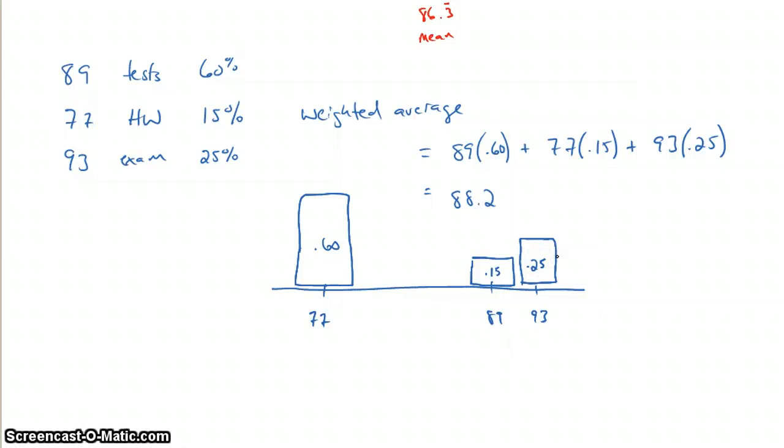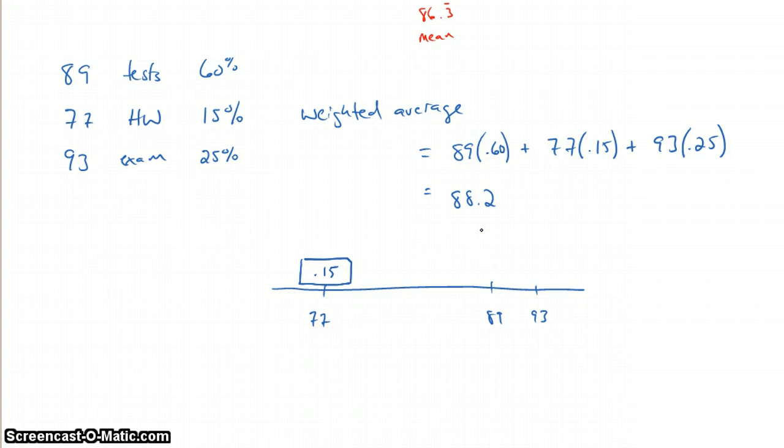Okay. Except I put them in the wrong place. Whoops. Let's try that again. 77 has the quarter size. The 89 has the tallest. And this is not quite half.